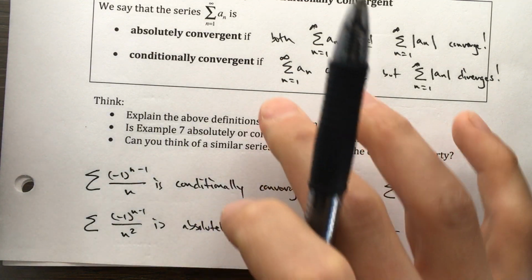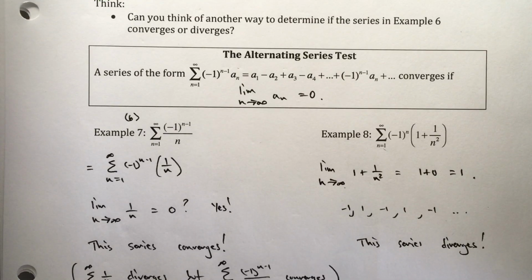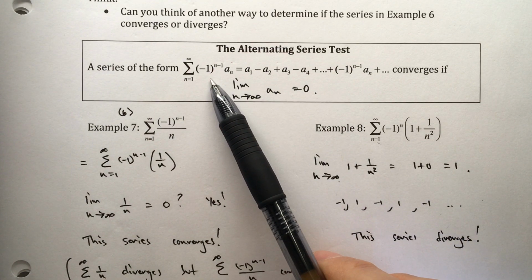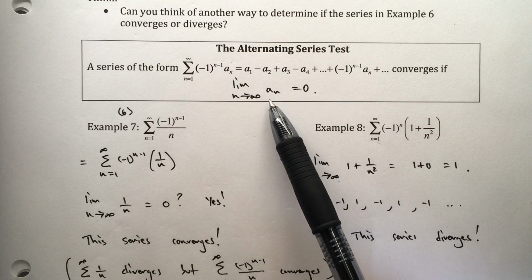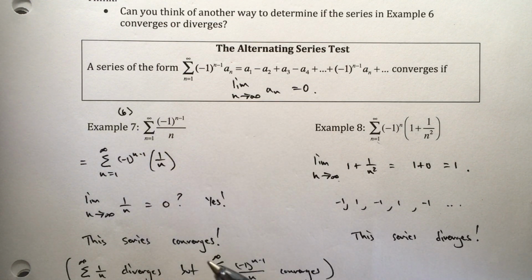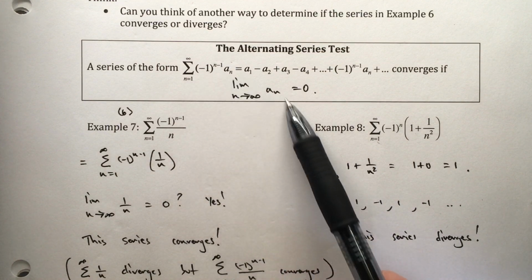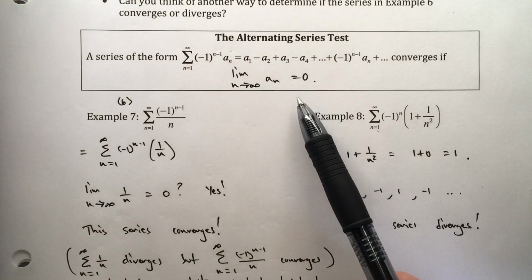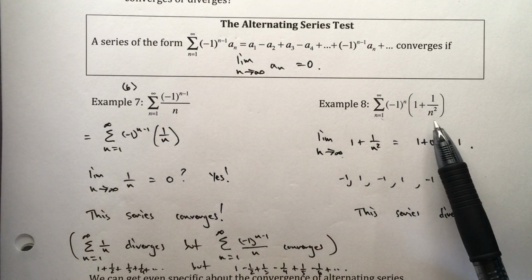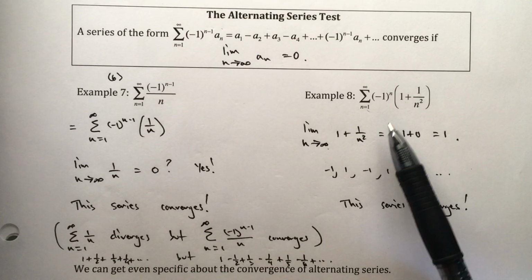So to summarize, the alternating series test works on alternating series, so obviously it has to be something that alternates between positive and negative. If the positive part approaches 0, then it will converge. Meaning if you take the absolute value of this and it approaches 0, then it will converge. If not, then it won't.